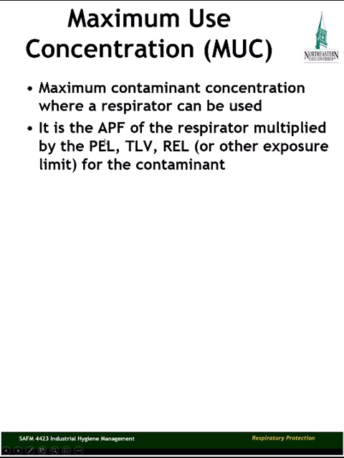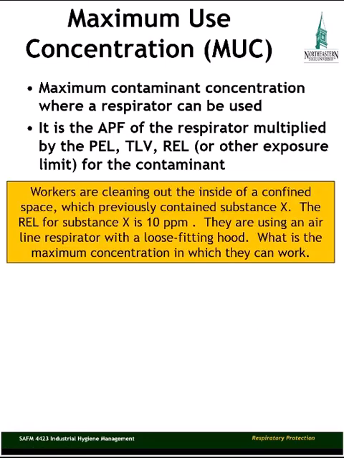It is the APF of the respirator multiplied by the PEL, TLV, REL, or any other exposure limit. Most times it's going to be PEL, TLV, or REL. But you take the APF, multiply it by the exposure limit for the contaminant, and that gives you your maximum use concentration. Here's an example.